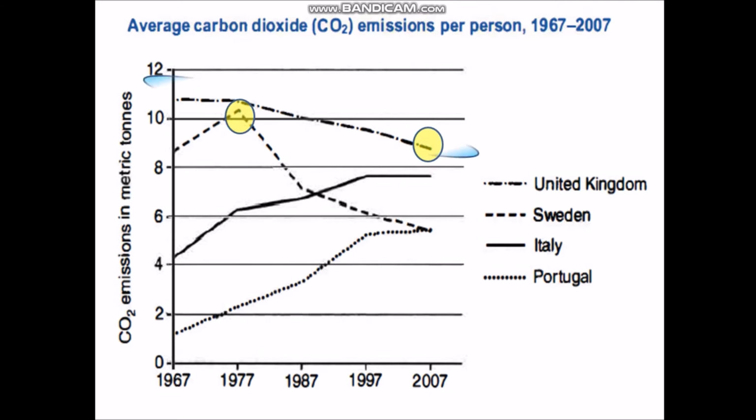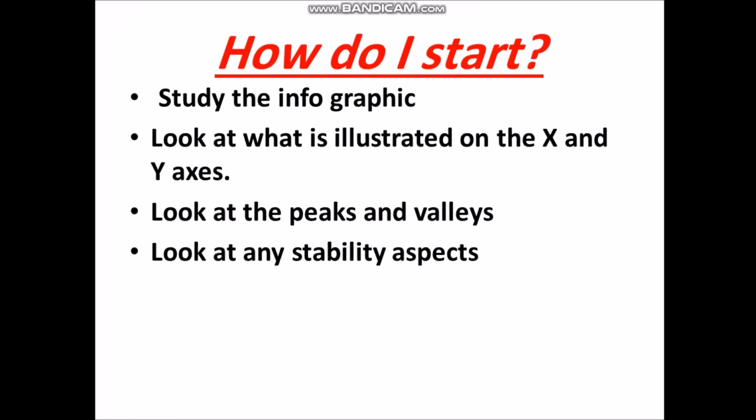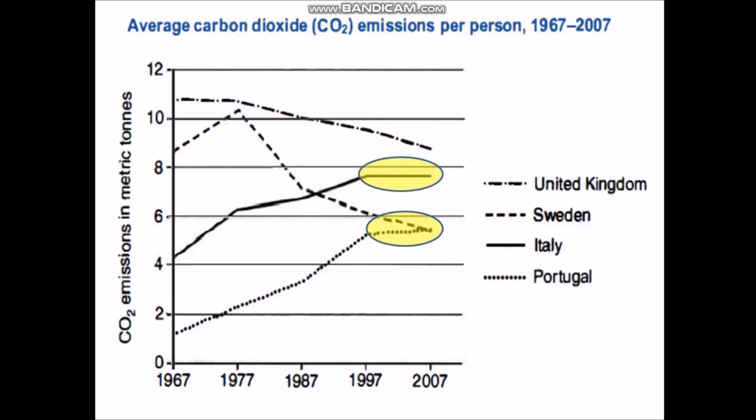Yet, Britain's CO2 emissions remain the greatest over the period highlighted. Looking at stability aspects is also key. Italian and Portuguese individuals or inhabitants' discharge of CO2 flattened out in the last 10 years.